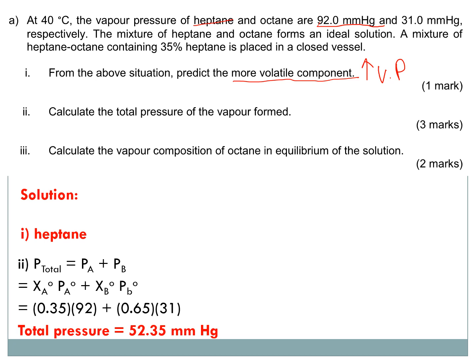In order to get the total pressure, you need to sum the partial pressure of component A and the partial pressure of component B. The partial pressure of component A is the mole fraction times the vapor pressure of pure A, and the partial pressure of component B is the mole fraction of component B times the vapor pressure of pure B. So the mole fraction for A, which is heptane, is 0.35. The mole fraction for B, which is octane, is 0.65.